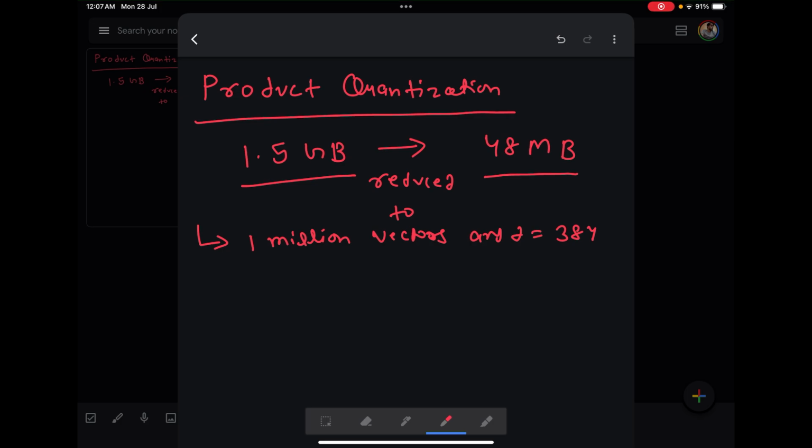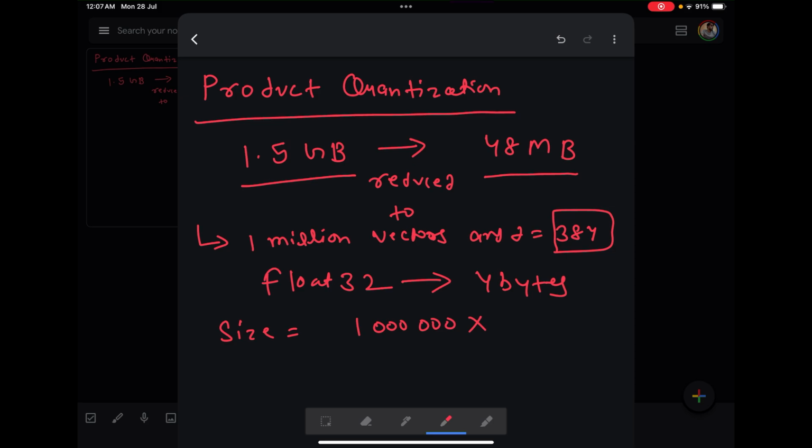Since most of the time these vectors are stored as floating point, if you know about float 32, they essentially take 4 bytes of space in the computer memory. Once we know this, we have 1 million vectors, so the size will be 1 million into how many numbers we are talking about.